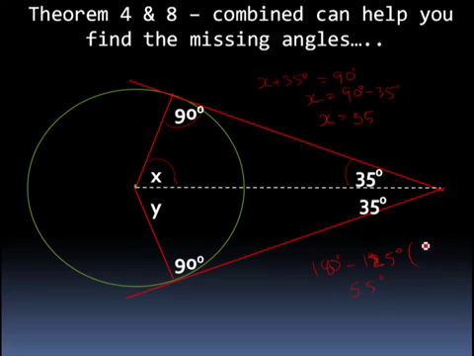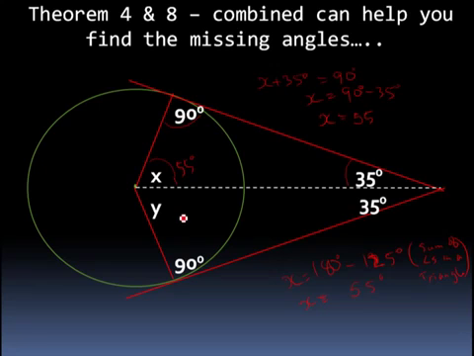And the reason here is the sum of angles in a triangle. And so x is equal to 55 degrees.